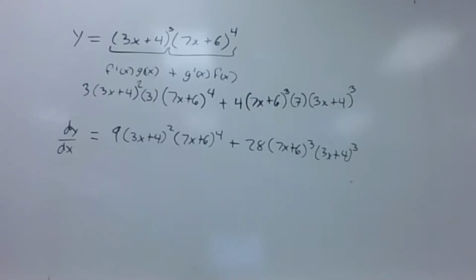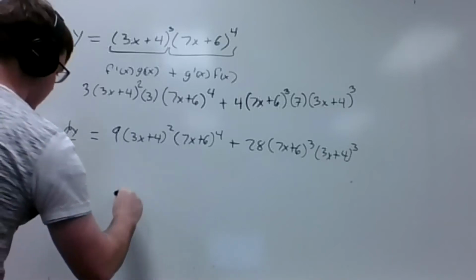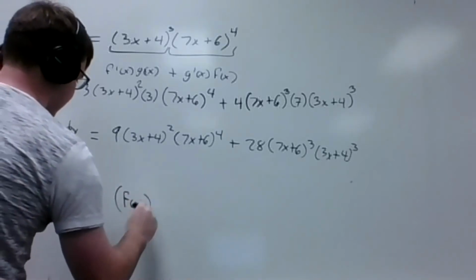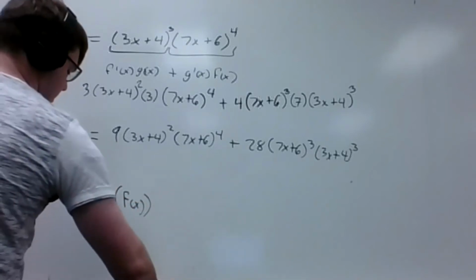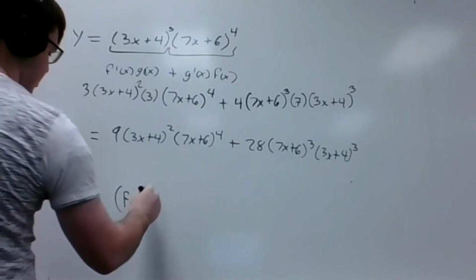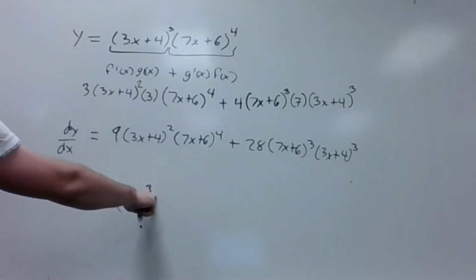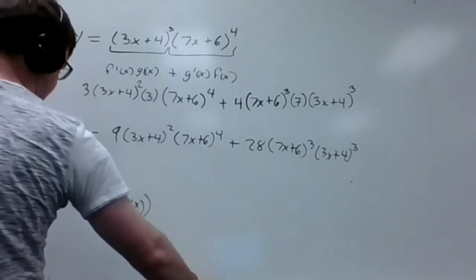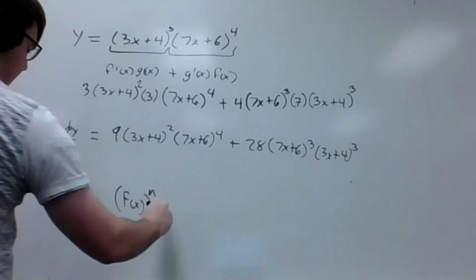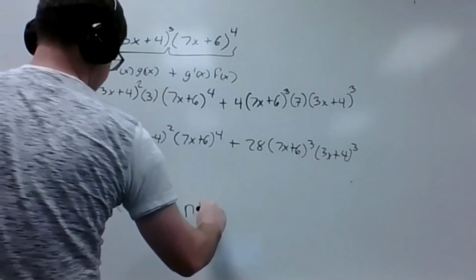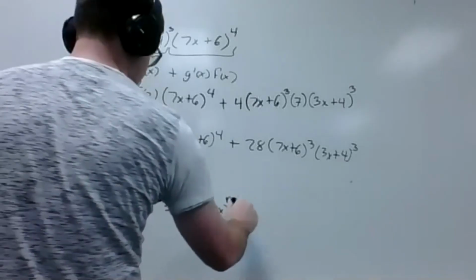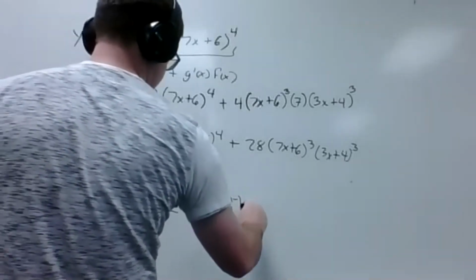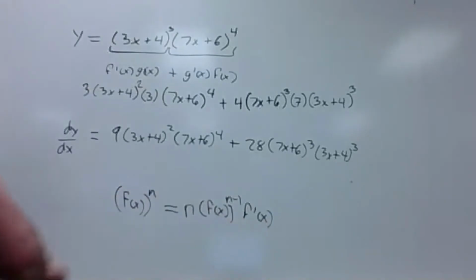So that's kind of the chain rule. So if we write it out, we have a whole function that we're taking the derivative of. So if we had a function to the n, the power rule states that we'll have n times this function to the n minus 1, times the derivative of the inside function.